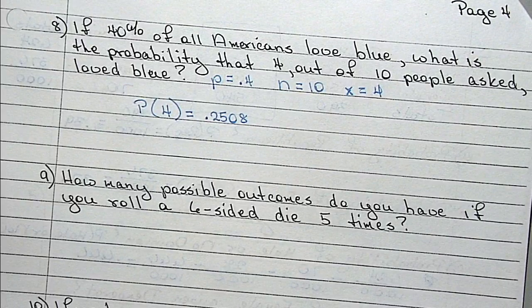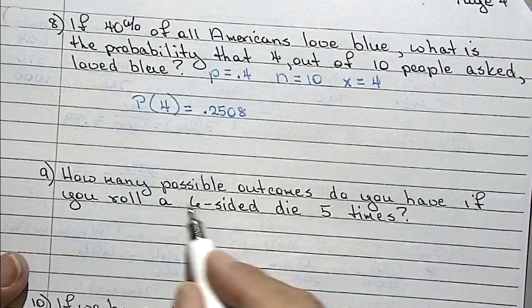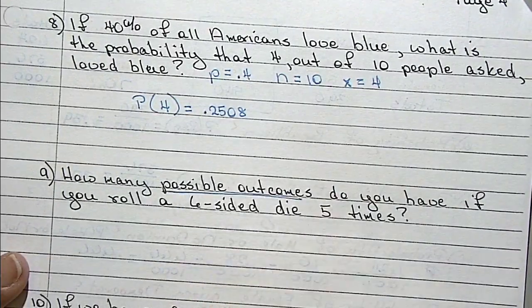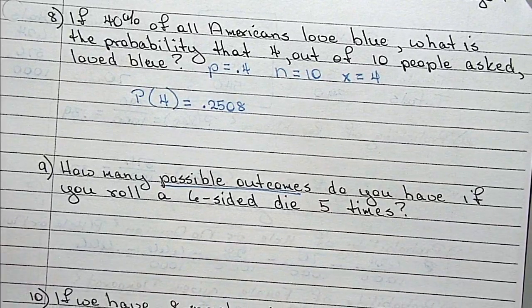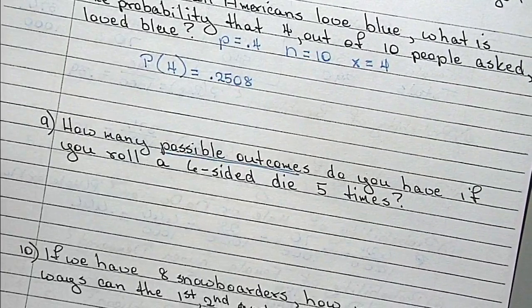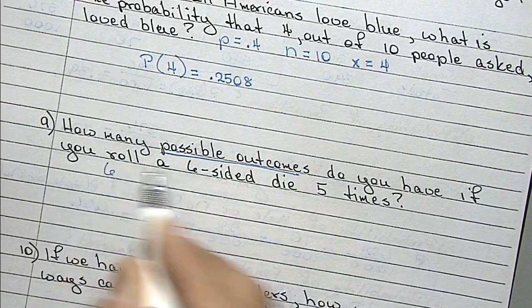It's so simple. All right, now let's talk about possible outcomes. Now look at the wording, because this is not the same as how many different ways can something happen, or how many different selections can be made. This is the total possible outcomes. If you take a 6-sided die and you roll it 5 times, think about it in stages. The first trial or the first stage, you have 6 possibilities, right?